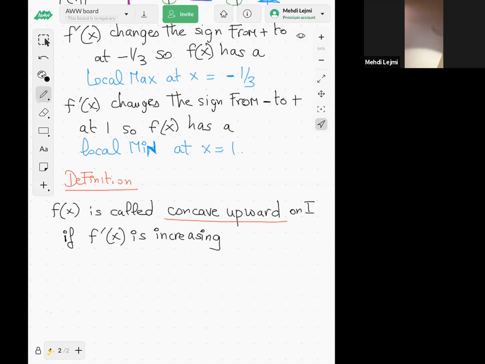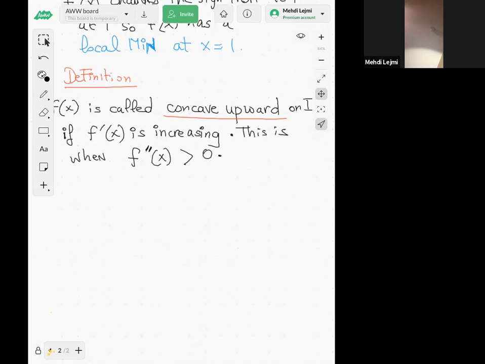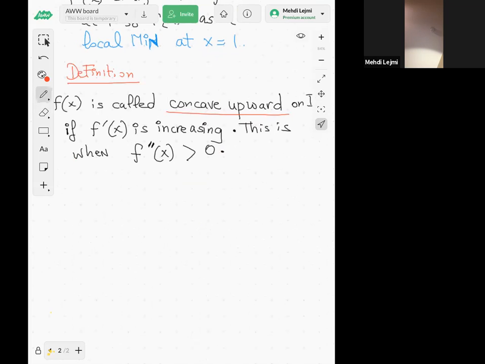And when the derivative is increasing, that's when the second derivative, f second, is positive. So what do I mean by this concave upward? Okay, so here's an example.